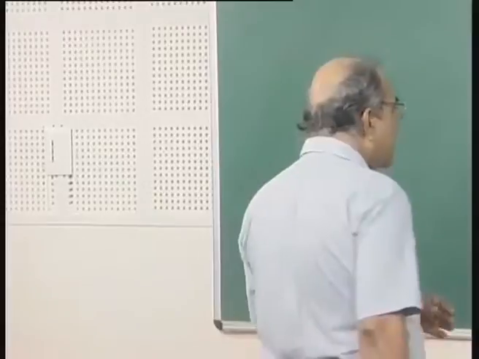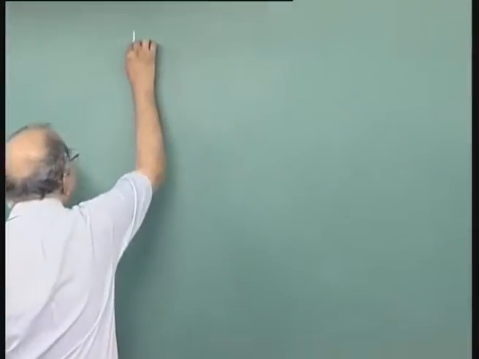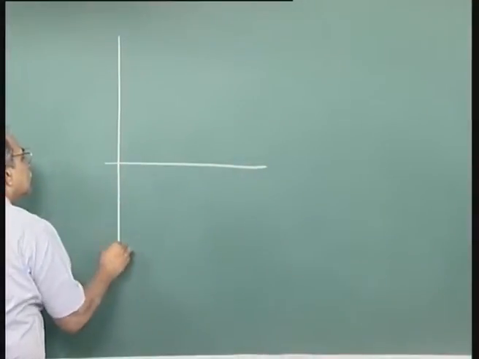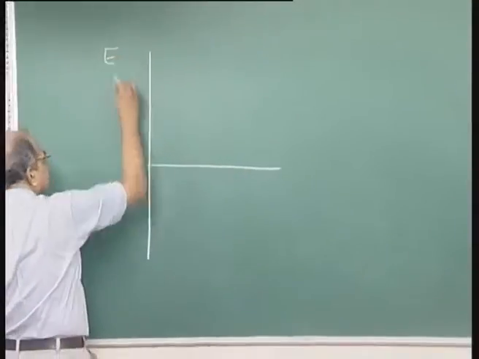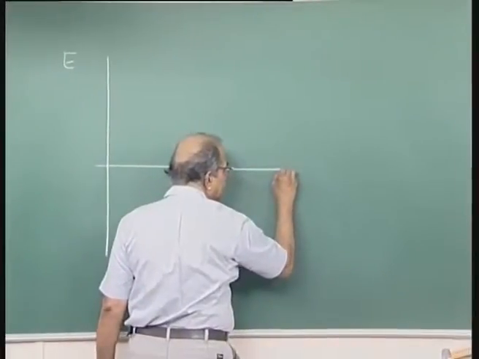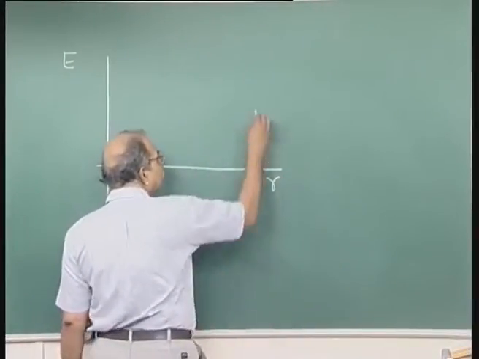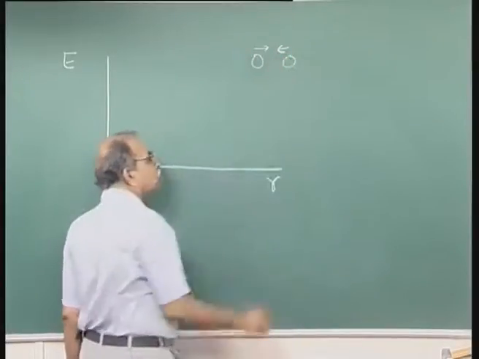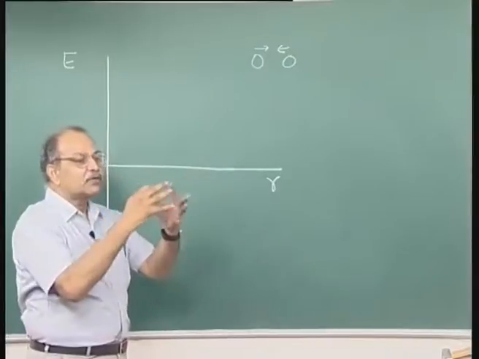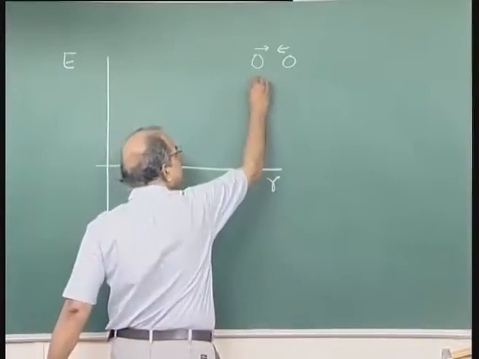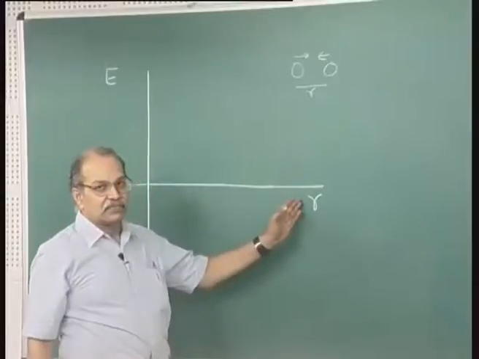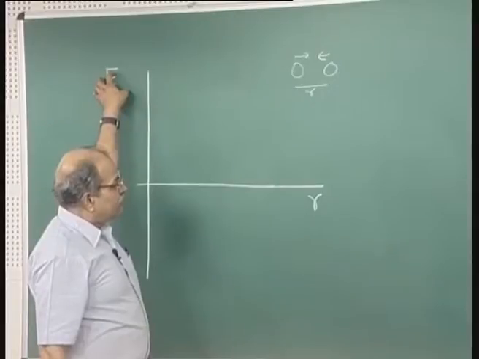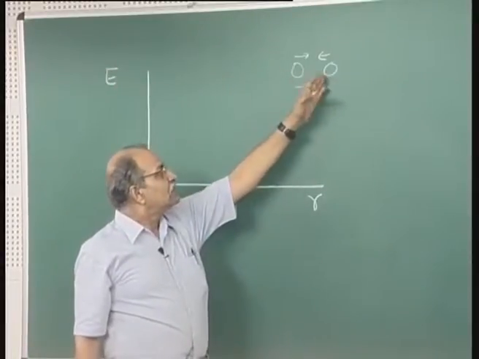So, if I plot that, with energy on this side and the separation between the nuclei on this side. If you have two nuclei approaching each other and finally trying to combine, this separation r is what we are plotting on the horizontal axis.